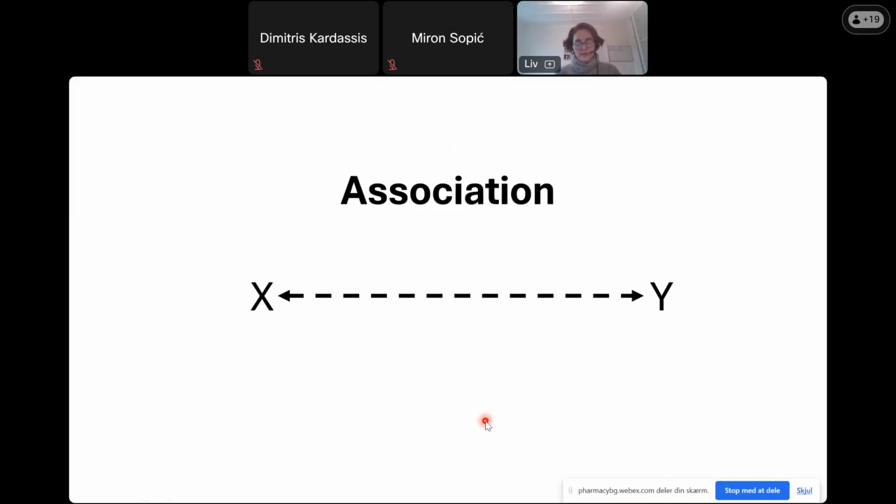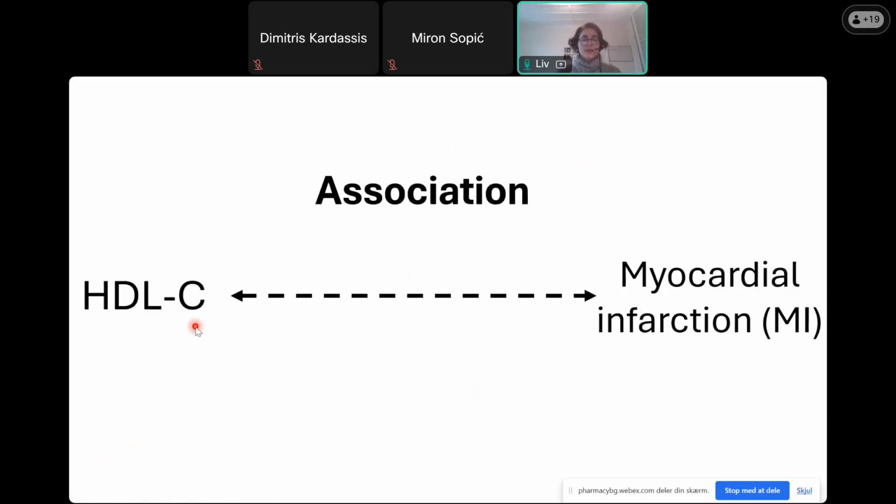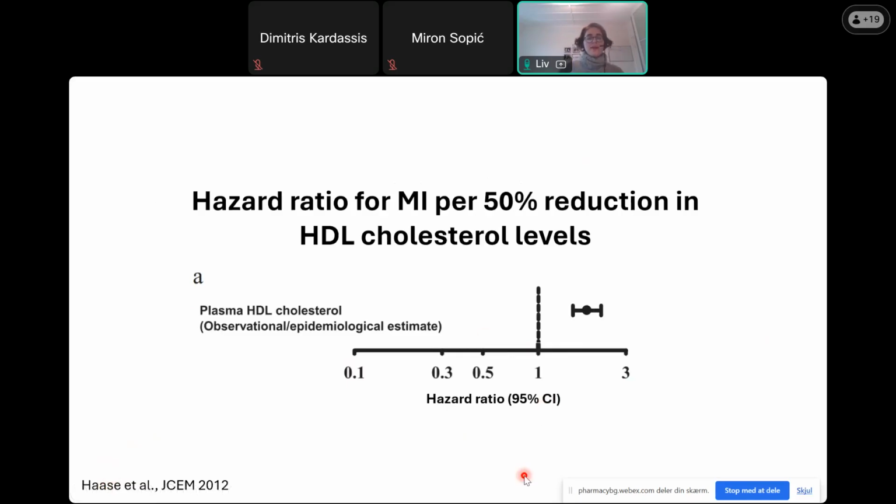And what we have a lot of in epidemiology is associations. This could, for example, be the association between X and Y. Or it could also be the association between HDL cholesterol and myocardial infarction. Here we have a paper from 2012 that was looking into this association.